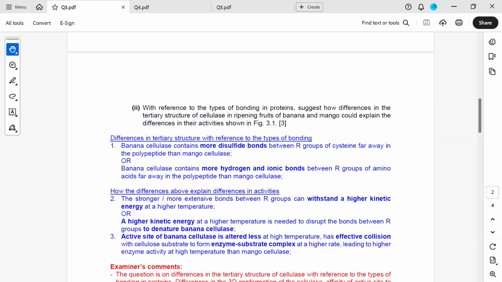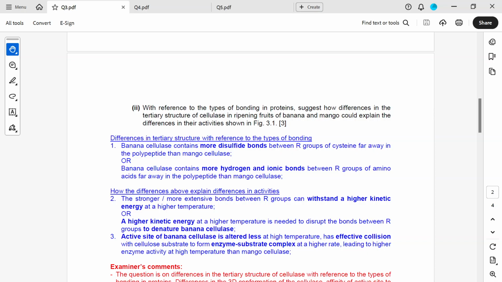Of course, you can also mention how the other bonds, besides disulfide bonds, that there are more of them as well. So overall, there's just more extensive interactions between the R groups, which makes the tertiary structure of the banana cellulase more heat stable, requiring a higher temperature with a higher kinetic energy to disrupt the more extensive bonding, or to disrupt the stronger bonds in terms of the disulfide bonds.